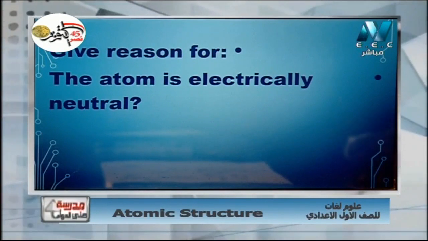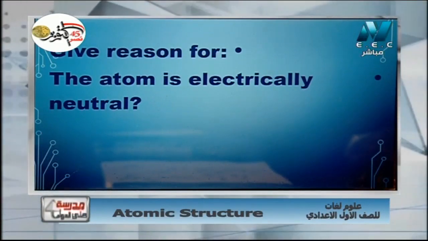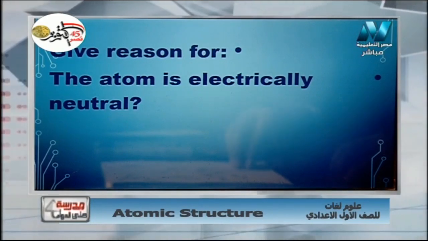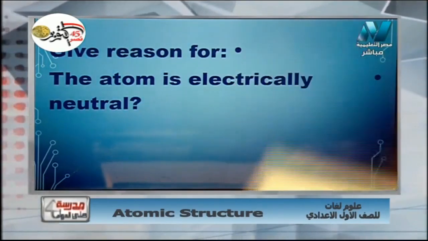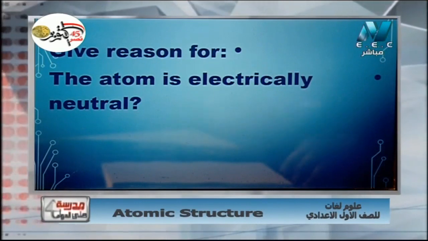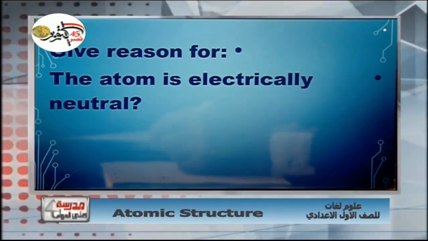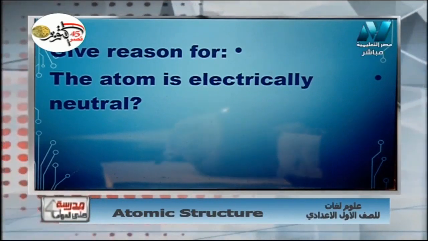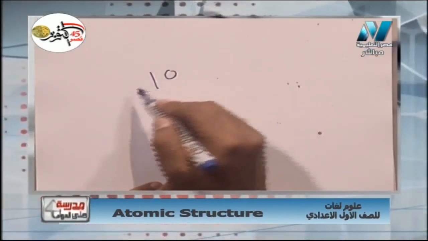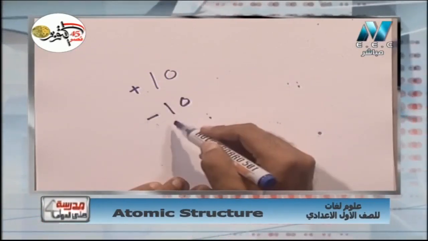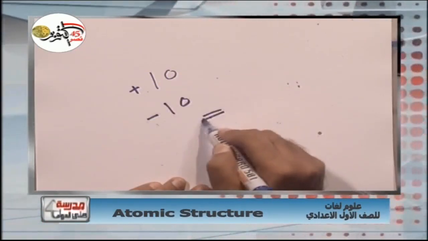Give reason: the atom is electrically neutral. As you know, my dear student, positive and negative are electric charges. So if I have 10 positive and 10 negative, that means I will get 0.